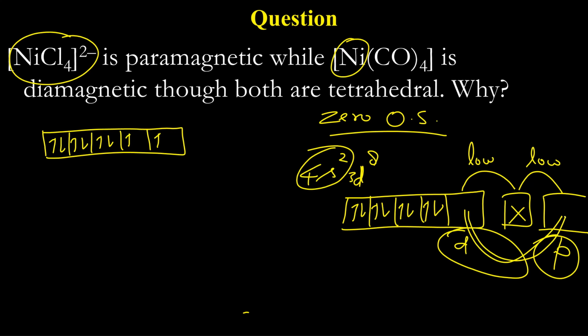So now coming back to the question, both are tetrahedral. What actually happens? These two electrons move to this d. When hybridization happens, these two electrons move to these two. Why? Because these two have close energy. And then sp3 configuration takes place. Is that clear what happens in this case?